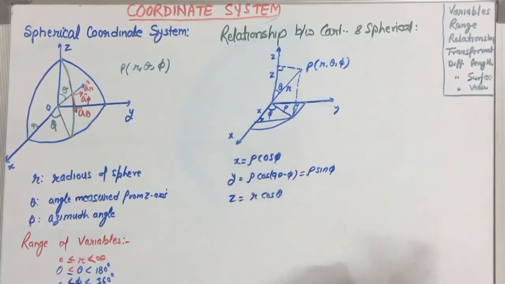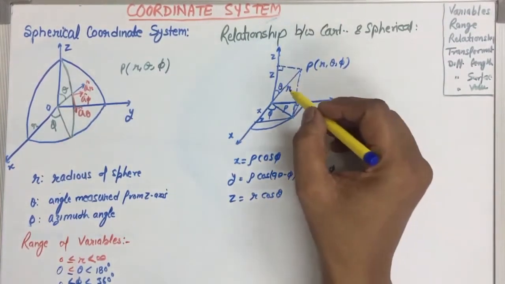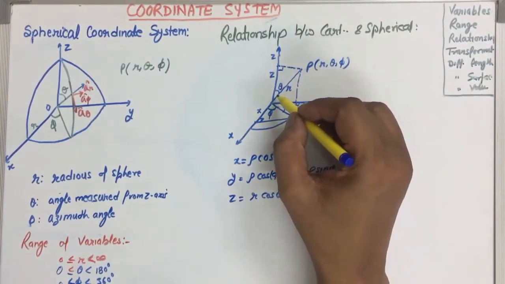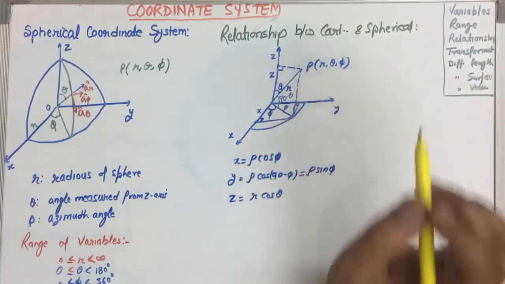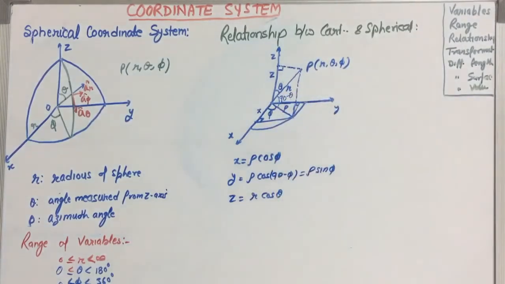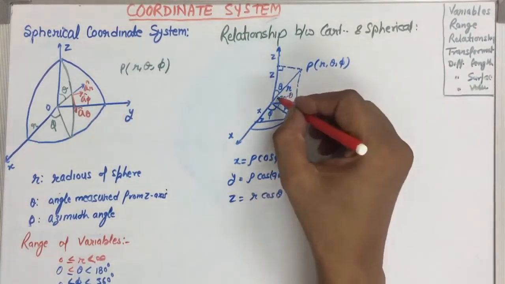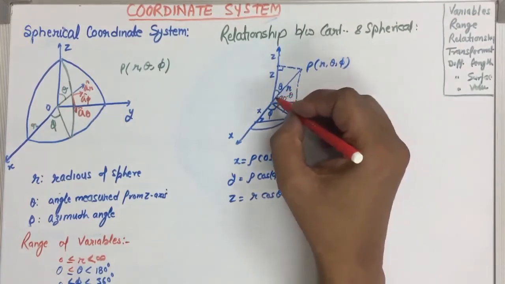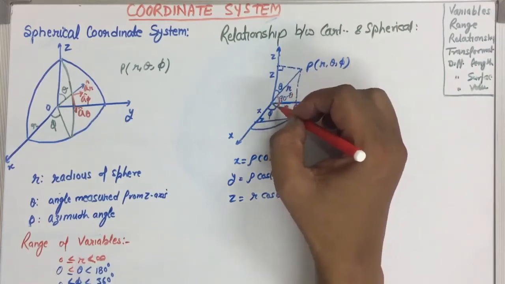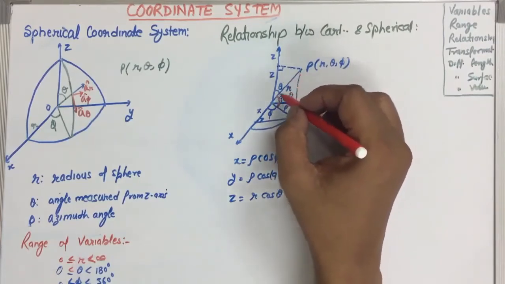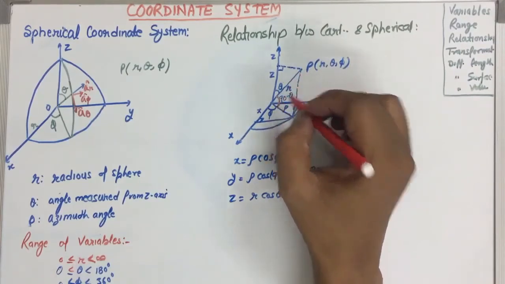To remove rho, try to find: this is theta, this is 90 minus theta, and if this is 90 minus theta, then the projection of this on this plane will be r cosine of this.